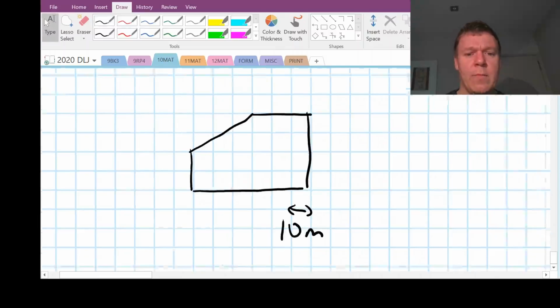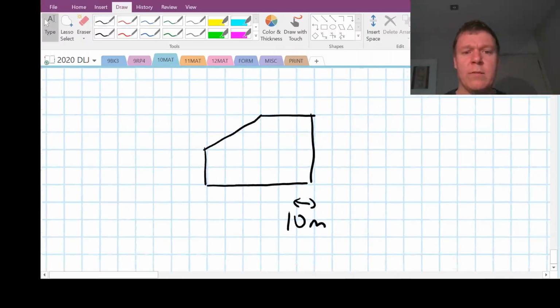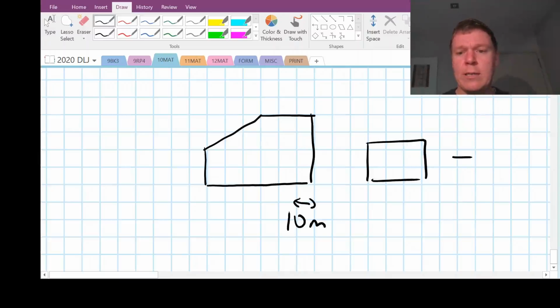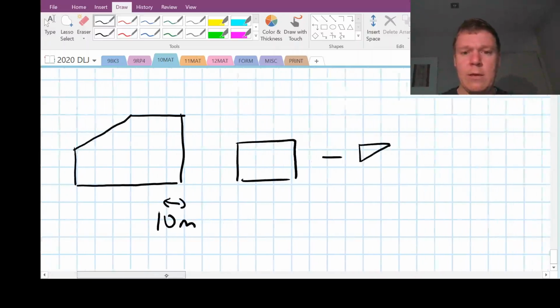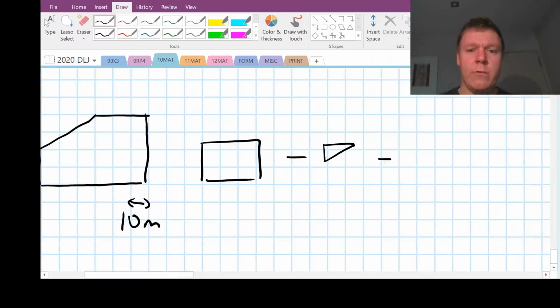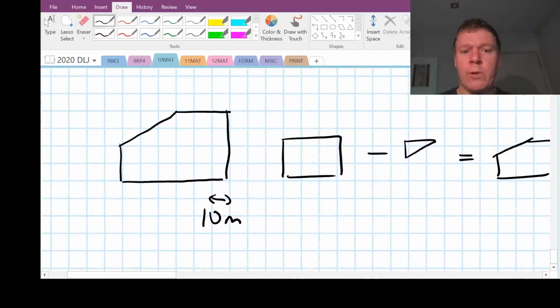Okay, this shape is a combination of a rectangle that's subtracted a little triangle, and that would get us our final shape that looks like that. Right? So we need to work out the area of what that rectangle would be.